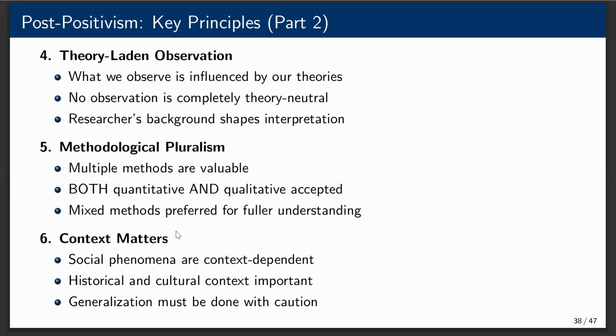Next is methodological pluralism. Multiple methods are valuable. Both quantitative and qualitative methods are accepted. Mixed methods are preferred for fuller understanding. Context matters: social phenomena are context dependent. Historical and cultural context are important. Generalization must be done with caution.